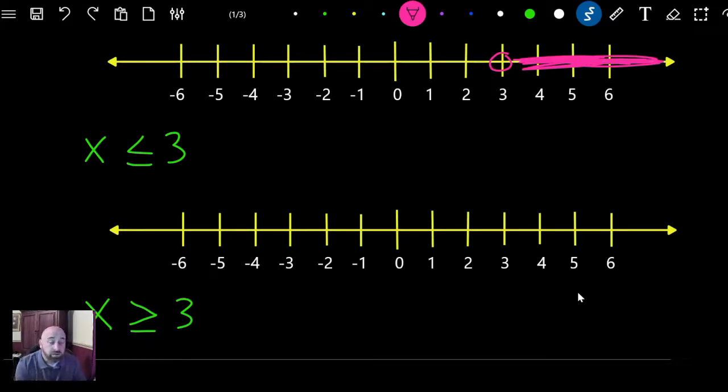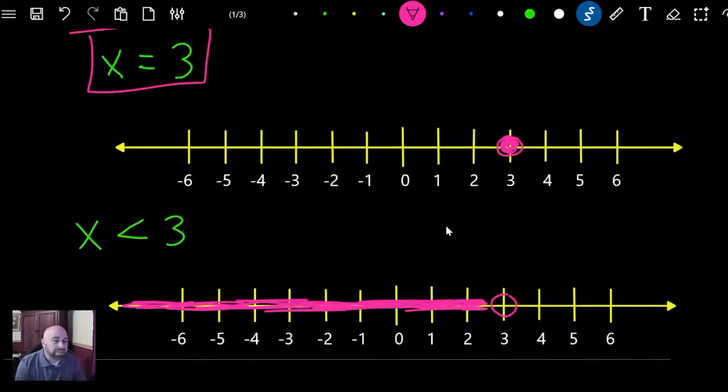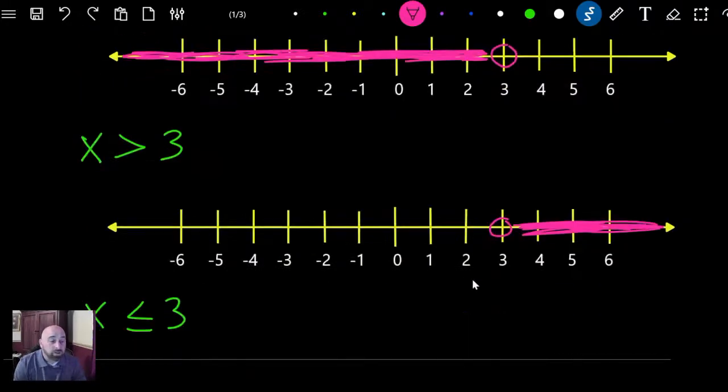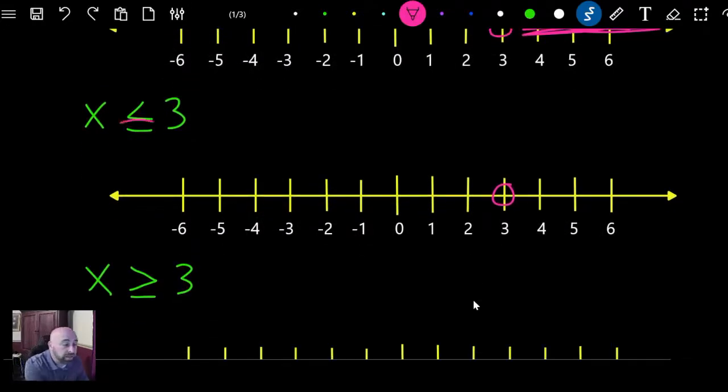So the way that you would graph this is you go to the number 3 and you circle it. Now, think about this. Go back up here. Remember what we did when it was equal to? We colored it in, didn't we? Right? So what do you think we're going to do here? We're going to color it in. Why? Because it's equal to. It can be equal to 3. So we color in the number 3 here.